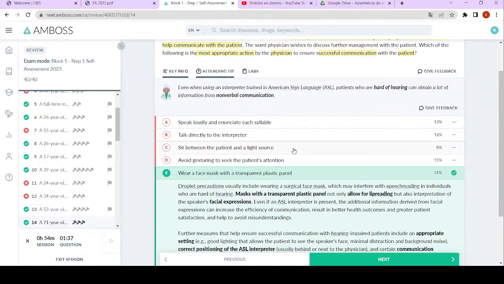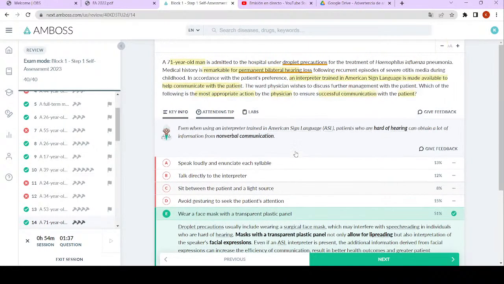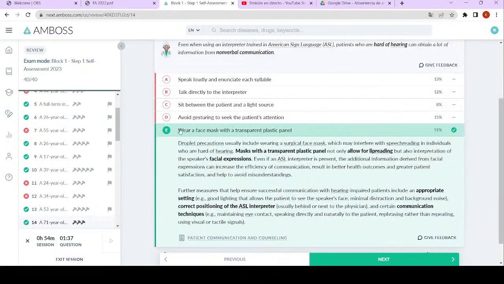It's a little bit difficult to do that without showing your face. And also what is more important here is that you are speaking, so the interpreter needs to see you.